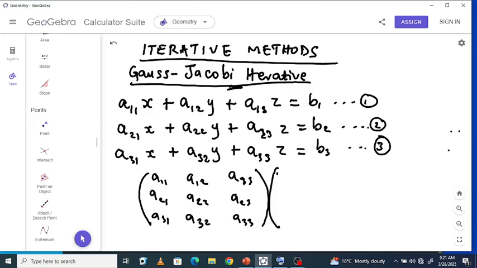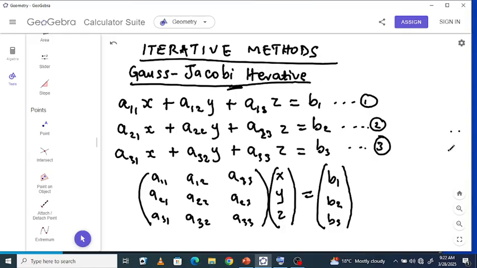This will be multiplied by x, y, z and equal to b1, b2, b3. You can see it still takes the form of Ax equals b.